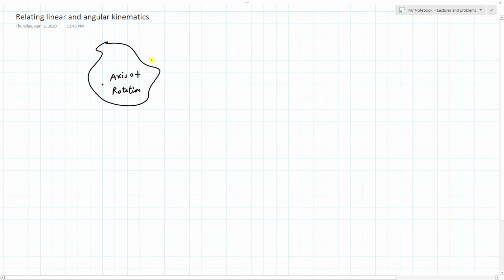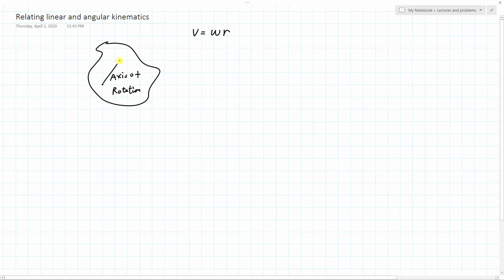And if this is the case, there are some relationships among rotational and translational kinematics. So let's do this one here. We already know that the linear velocity is equal to angular velocity times radius, right?